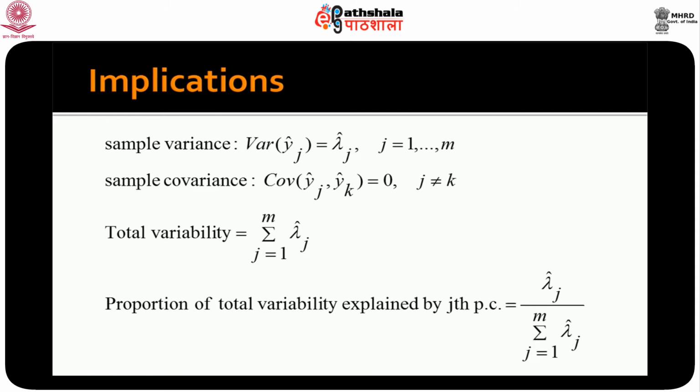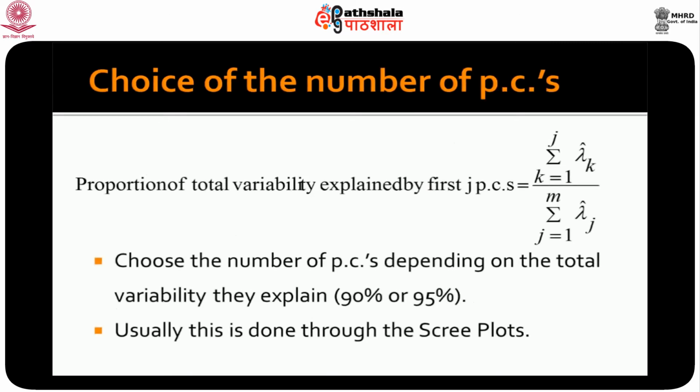Okay. So the sum of the lambda j hats would be acting as the total sum of squares, and we can look at the individual lambdas, and the ratio would give us for each of the principal components the amount of variability that particular component explains.